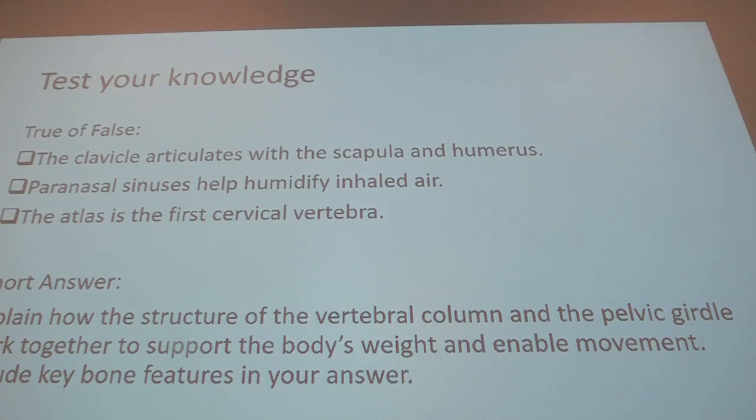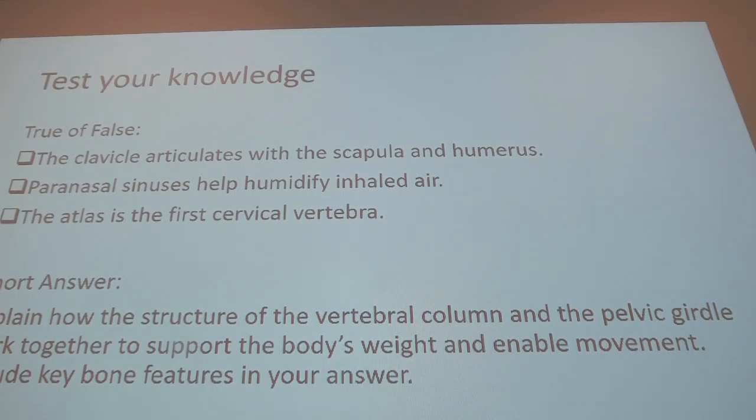True or false? Not all at once. It's true. True or false? The atlas is the first cervical vertebra. True. I guess I forgot to tell you.